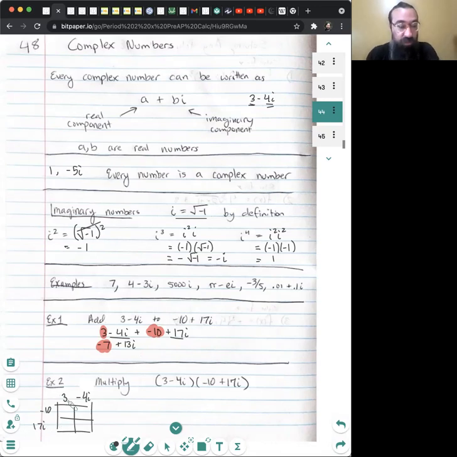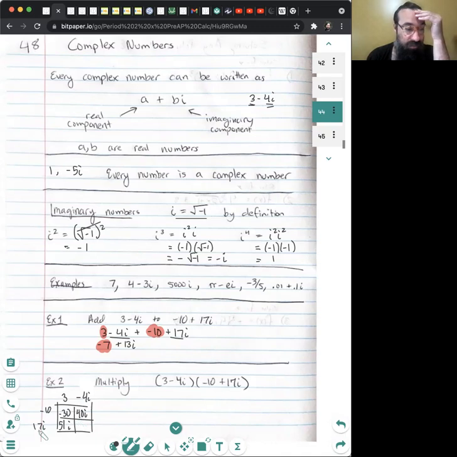And hopefully that box is big enough. And then I'm just going to multiply the spaces together, right? So negative 10 times 3 is going to go here. That's negative 30. Negative 10 times negative 4i. Negative times a negative is positive. 10 times 4, 40, and there's that i. 17i times 3 is 51i.